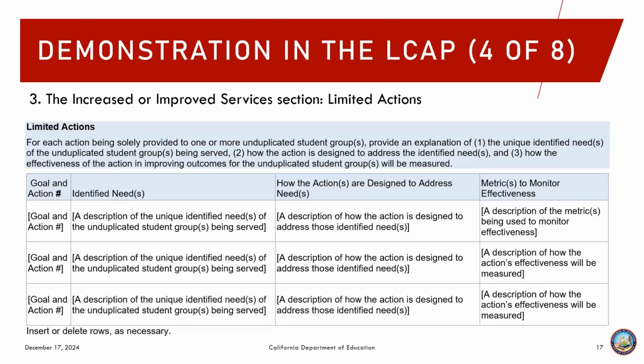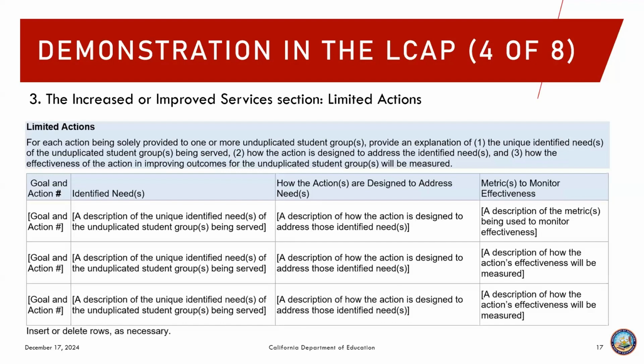But with the limited actions, these are being provided specifically to those student groups. They're not being provided to all the students within a particular school or all of the students within the LEA. The significant difference between the LEA-wide and school-wide actions and the limited actions is in the second column.